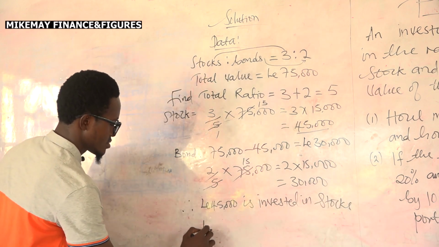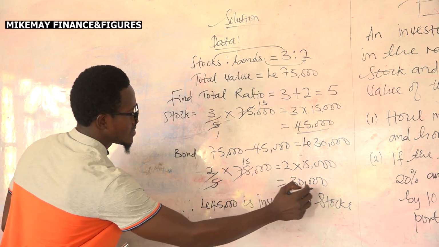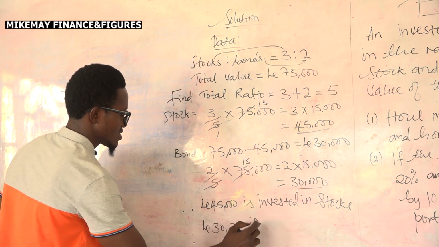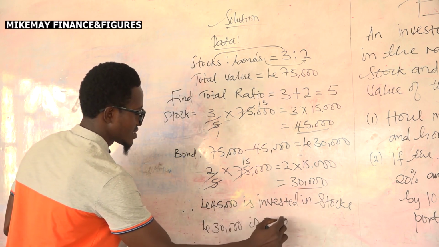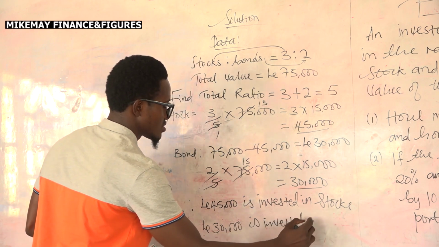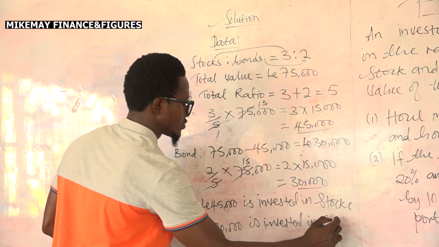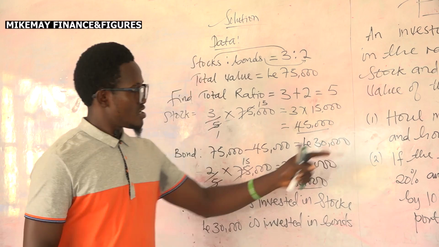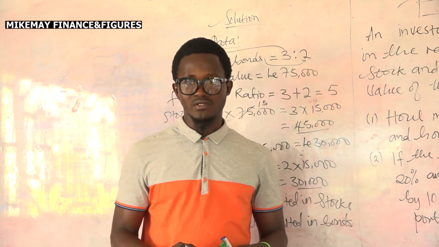And 30,000 is invested in bonds. So this answers question 1, the first part of the question.